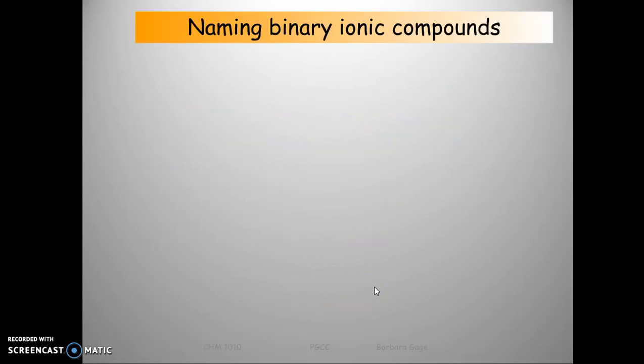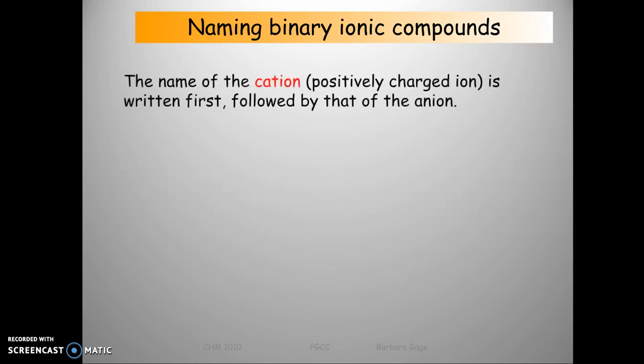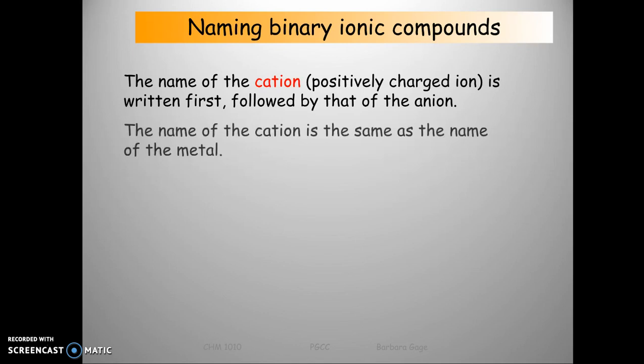Here is the rule for naming ionic compounds, all right? First, you name the cation, the positive ion. So you write that out first. The name of the cation is the same name as the metal. So if it were sodium, it would just be sodium. If it was a K for potassium, it would just be potassium.